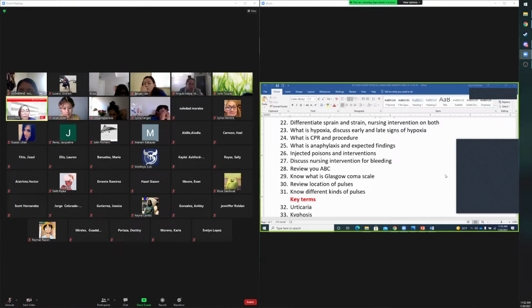What is injected poison? Animal bites, yes. Snake bites. So what is your nursing intervention? Venom, okay. Insects, bees are injected poisons. What do you do? You use the edge of a scraper to scrape the shaft.